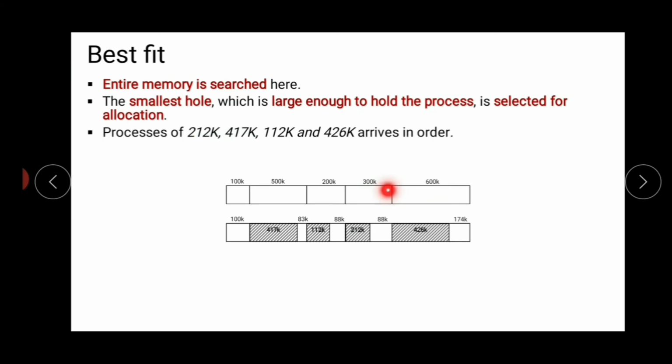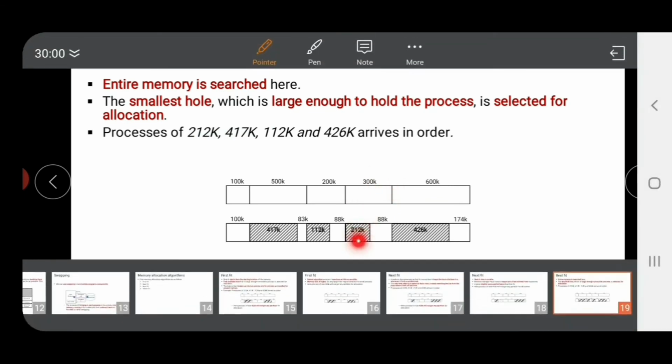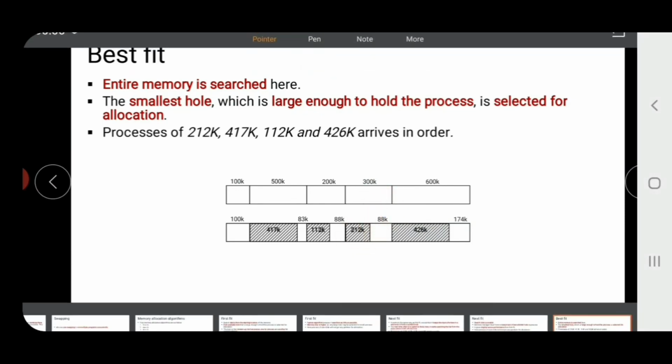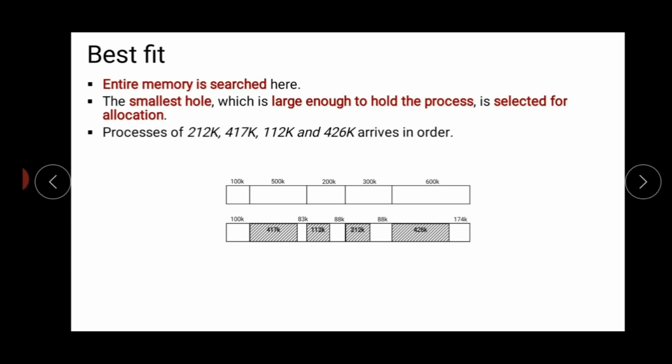So this is the smallest hole which can hold this process. This process will be allocated to this particular block, and the rest 88K will be free.